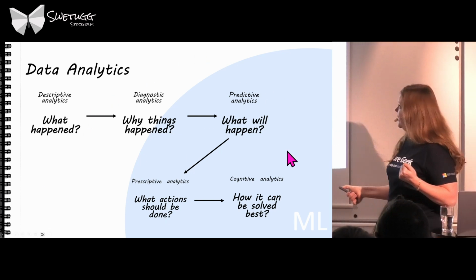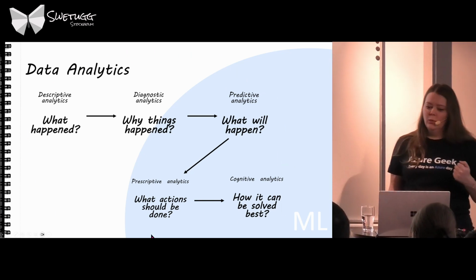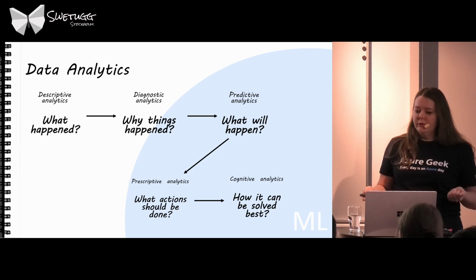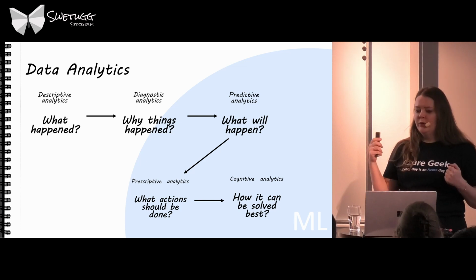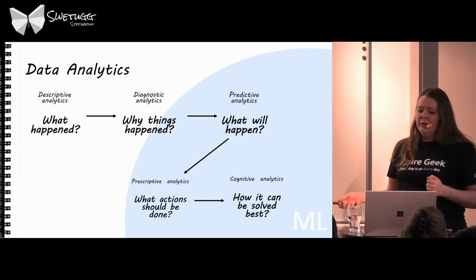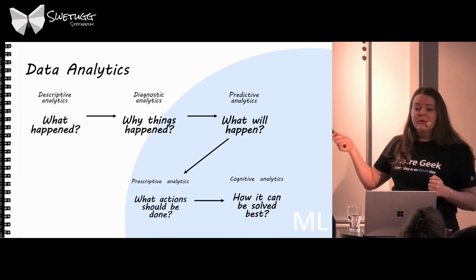Here we come to the ML and artificial intelligence area. When we start to talk about predictive analytics, what will happen in the future? Here we use historical data, statistical techniques, and machine learning techniques, forecasting, neural networks, decision trees, regressions to understand, to predict the future.